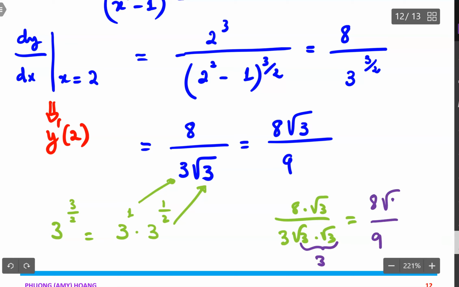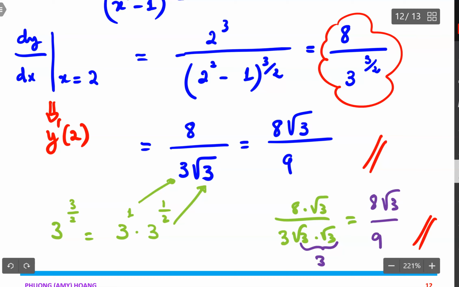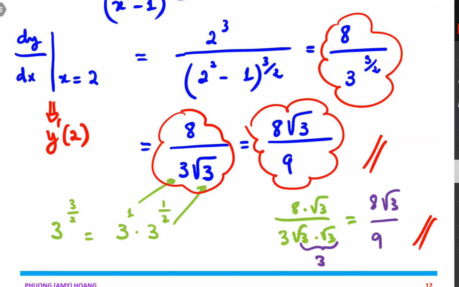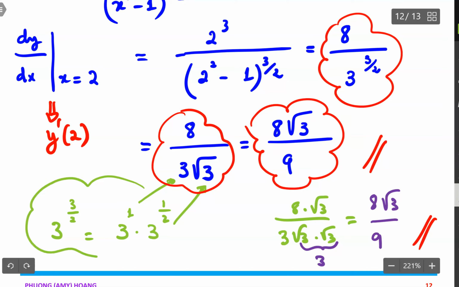So therefore I have that as the final answer. Your answer can be like this, or you can express your answer like this, but the best is you must express your answer with a rationalized denominator, because we don't want any radical in the denominator. Okay, so it's just a few reminders here, the review of algebra.